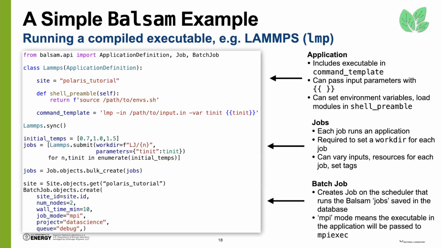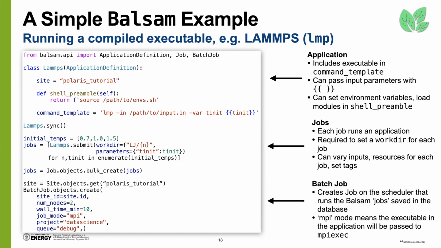So once you've created a site, how do you run work on the machine? This is just a very simple example running a compiled executable called LAMMPS. This is a molecular dynamics code. The executable is called lmp. Not important, but basically it's an executable. It can take some input values.